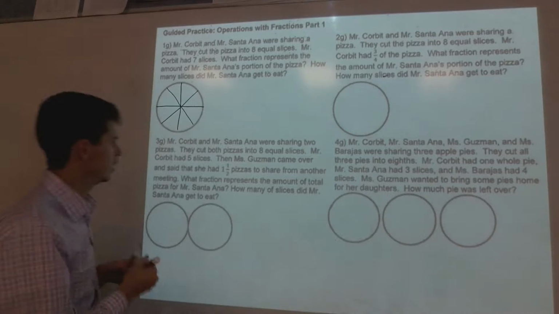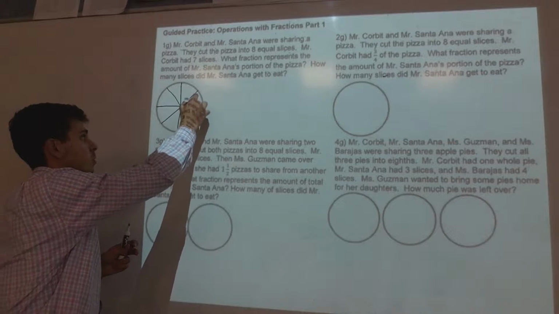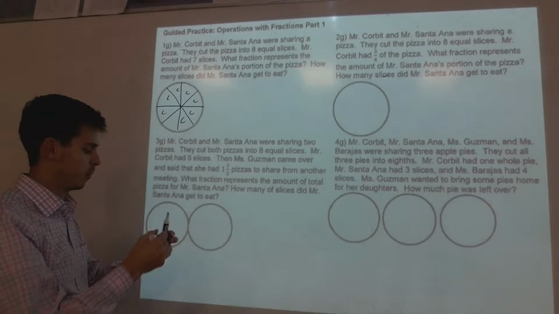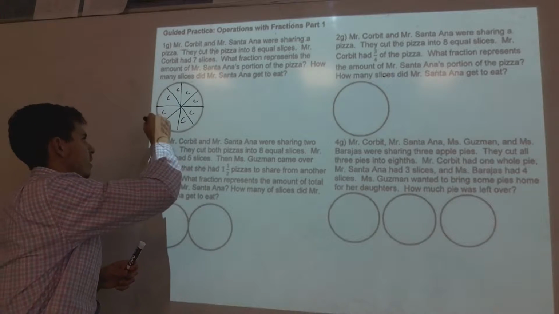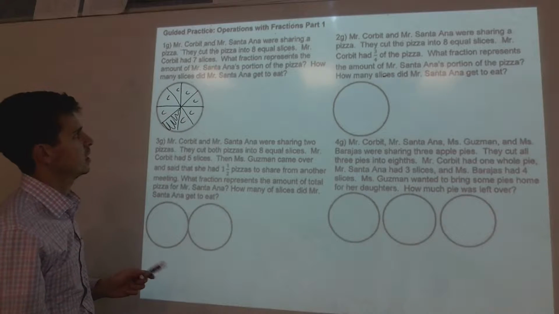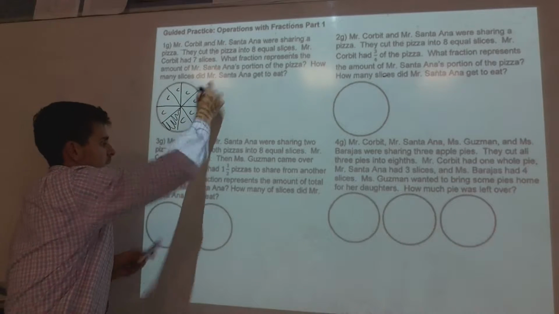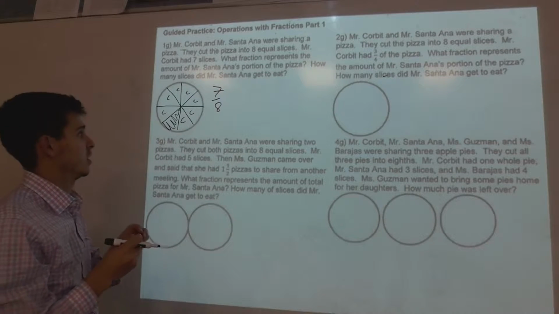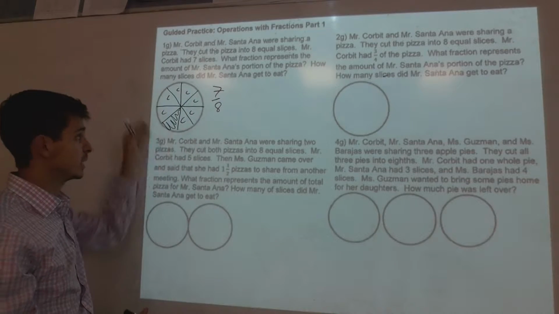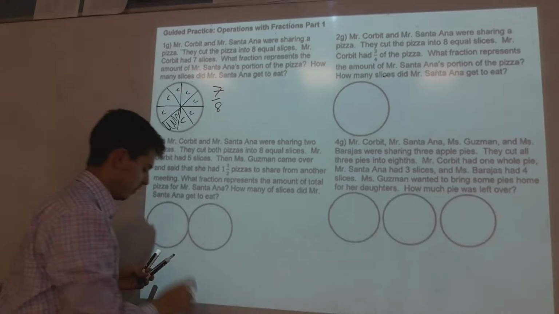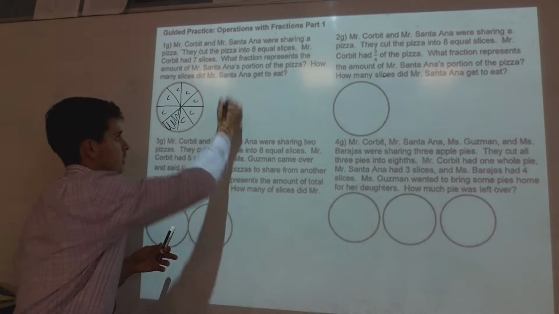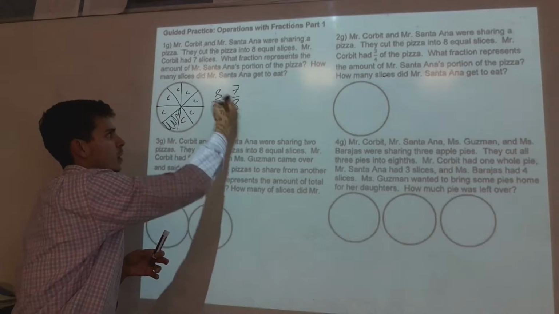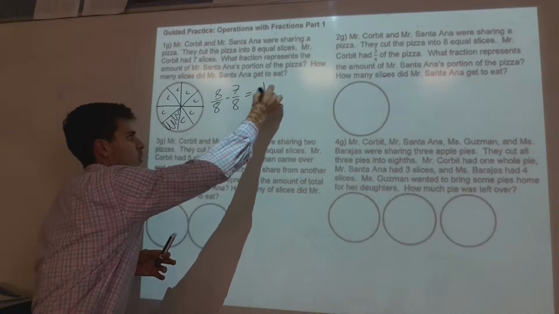Now Mr. Corbett ate 7 slices. 1, 2, 3, 4, 5, 6, and 7. So the C's represent Corbett, and this is the slice here that Mr. Santa Anna gets to eat. So Mr. Corbett ate 7 out of 8 slices, and if I subtracted 7 out of 8 from the entire pizza, which would be 8 out of 8, this is Mr. Corbett's portion here, and this is the total. 8 minus 7 is equal to 1/8.